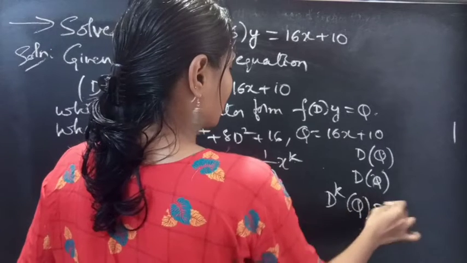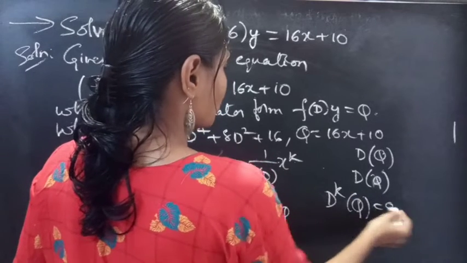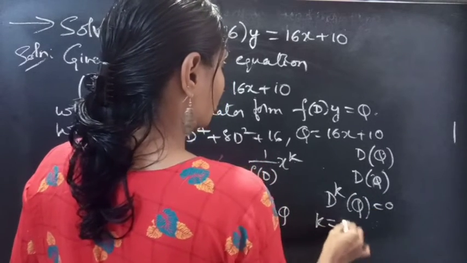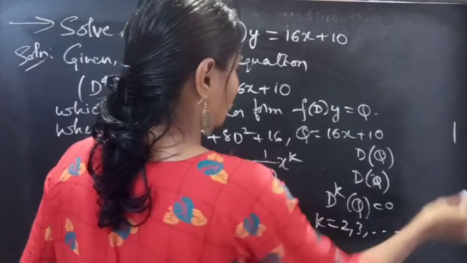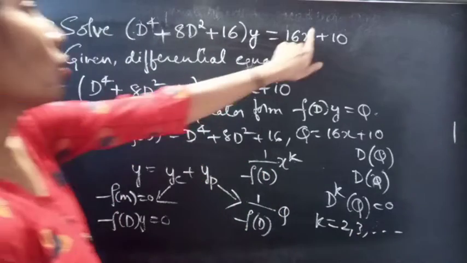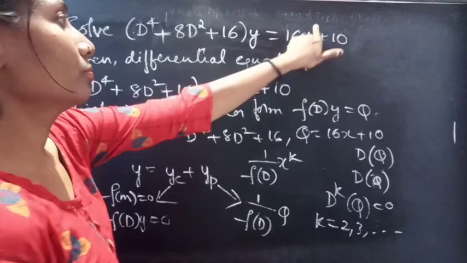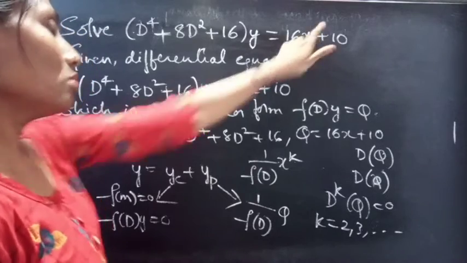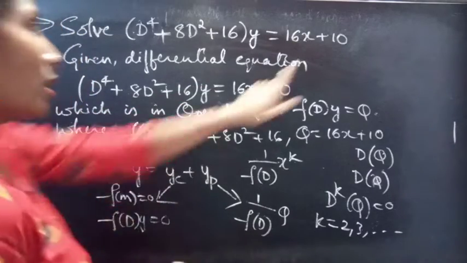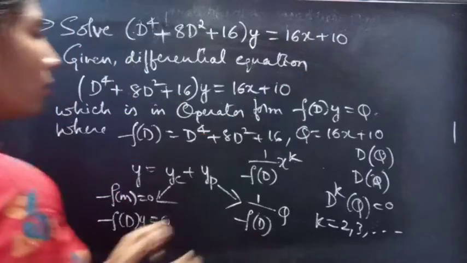And D^k of Q is 0 for k = 2, 3 and so on, because you have only power 1 here. The highest derivative is x^1, that means the highest power you have is 1.